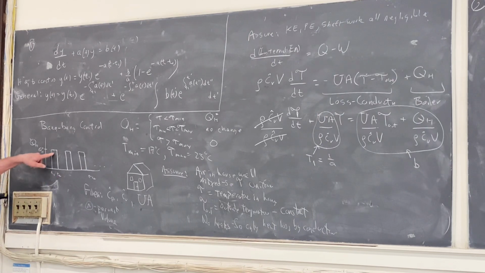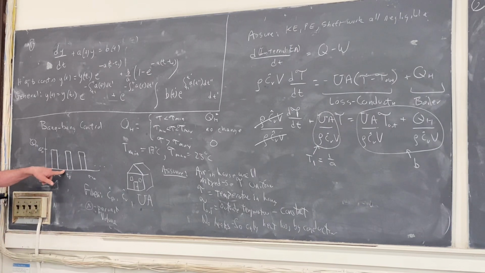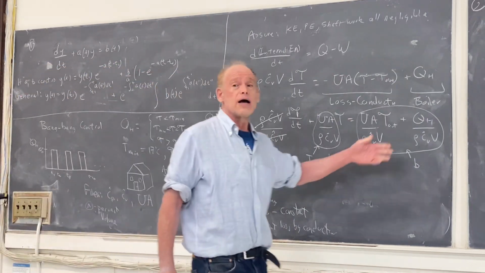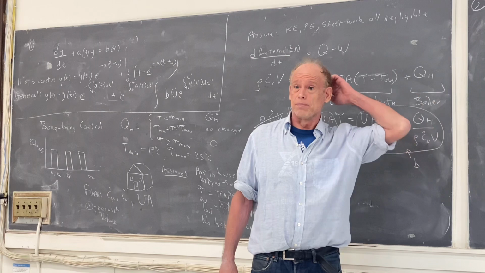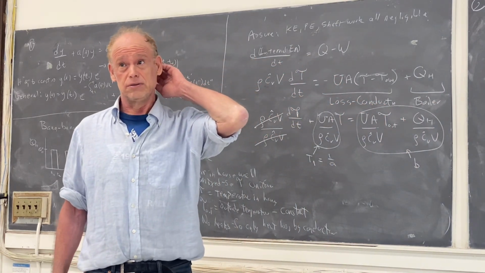From T1 to T2, Q is a constant. From T2 to T3, Q is a constant, 0, etc. So I'm going to do this as a bunch of problems when the heater's off and when the heater's on. That way I can consider B a constant. I just have many problems instead of one, but they're all the same problem. Is that clear?